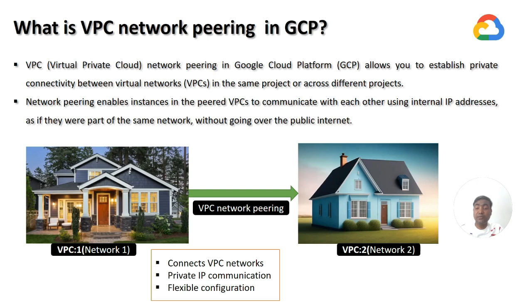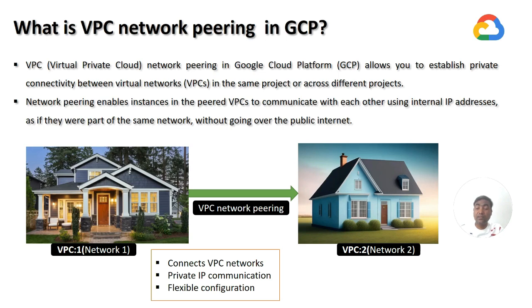VPC peering allows these VPCs to communicate with each other as if they were part of the same network, even though they may belong to different accounts or regions within a cloud provider's infrastructure, allowing resources in each network to communicate with each other privately using their internal IP addresses. Think of it as creating a secure bridge between two separate virtual networks within GCP.